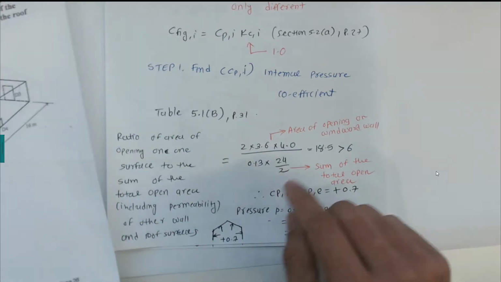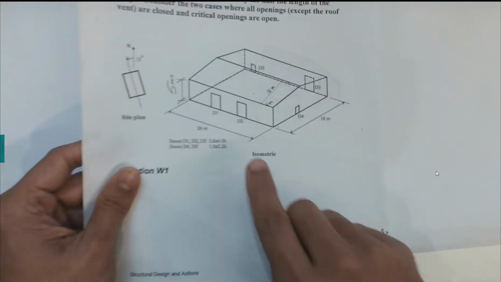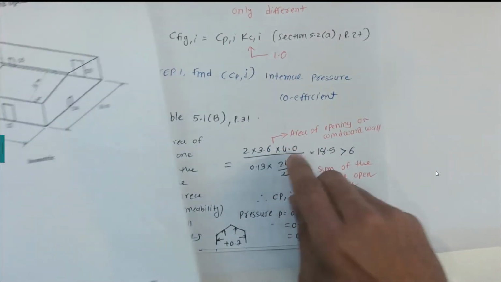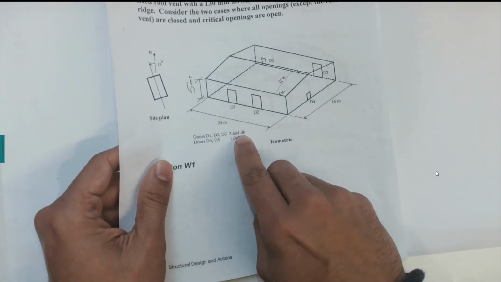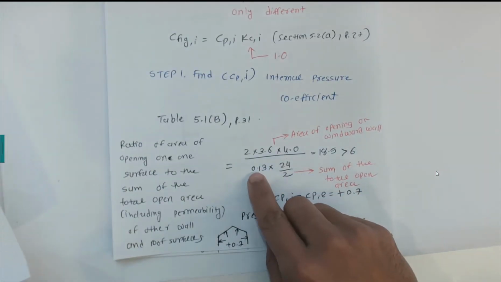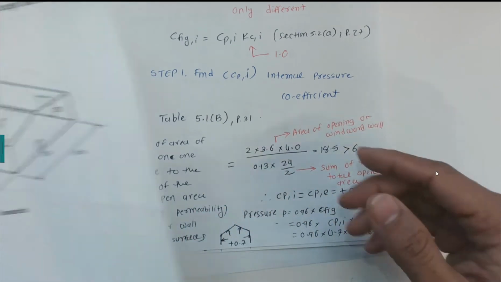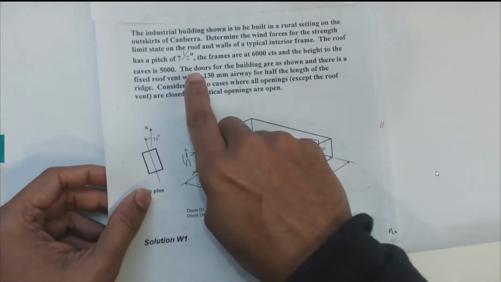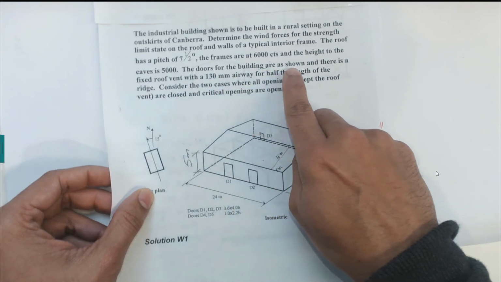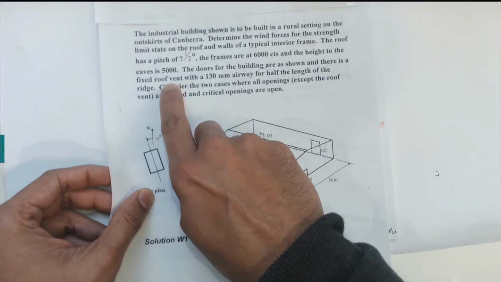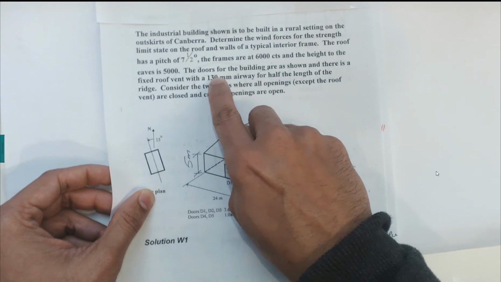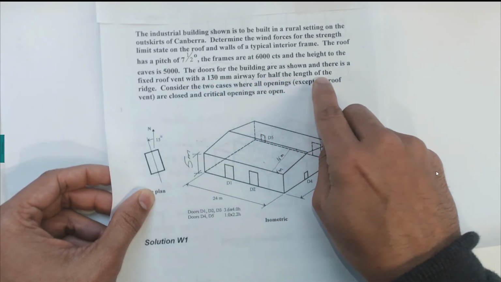We have two doors, so two doors times 3.6 times 4, the dimension of the door, divided by the sum of the total open area. Here it says that for the buildings shown there is a fixed roof vent with a 0.13 meter airway of half the length of the ridge.